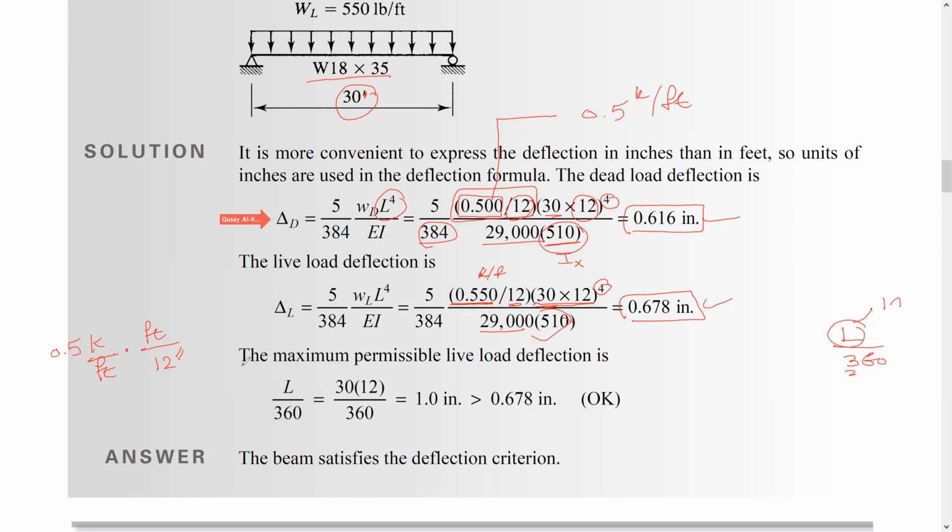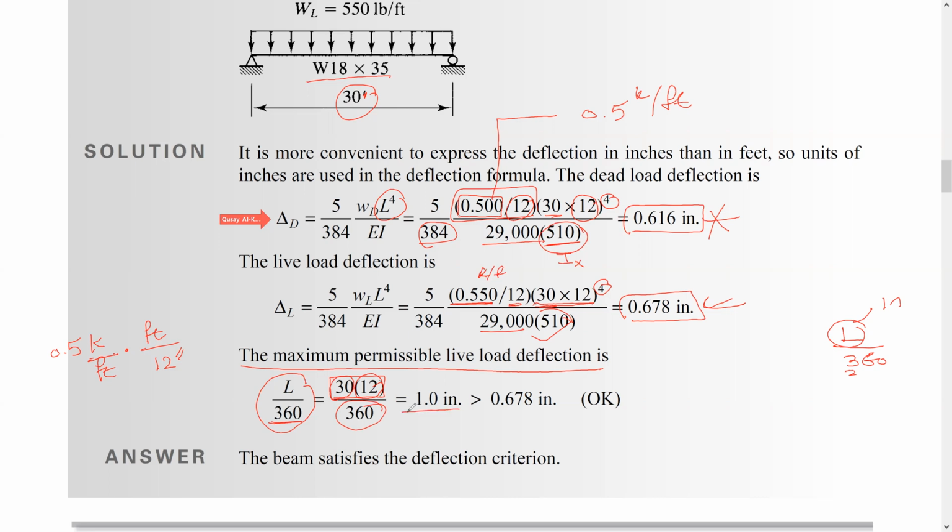So the maximum permissible live load deflection, which is طبعا احنا راح نقارن بس هاي لأنه فعليا we don't have a limit for this one in this example, but we can get it. So here it's L dividing, this is the limit that was given to us, L dividing by 360, which is 30 length, times 12 to convert it to inch. دائما لازم نحولها لإنش, dividing by 360.